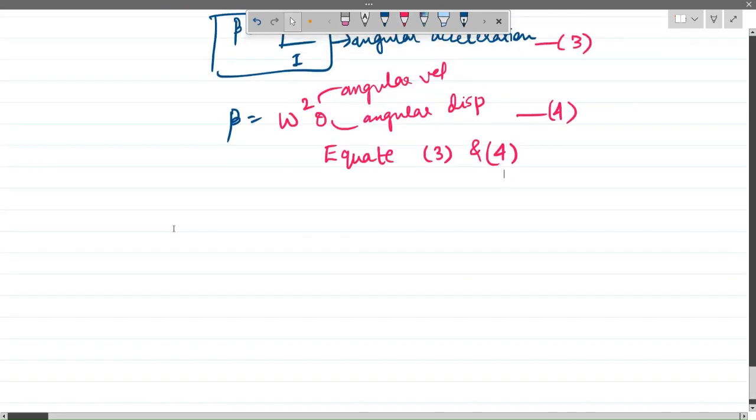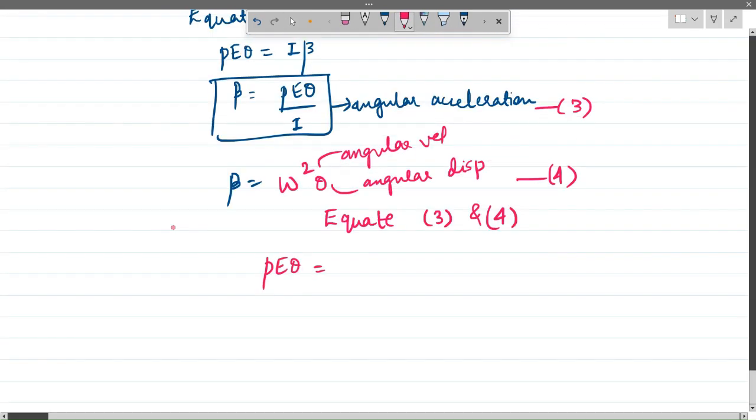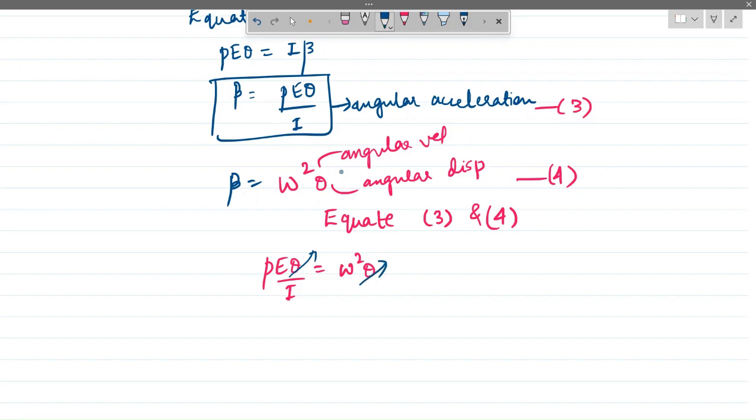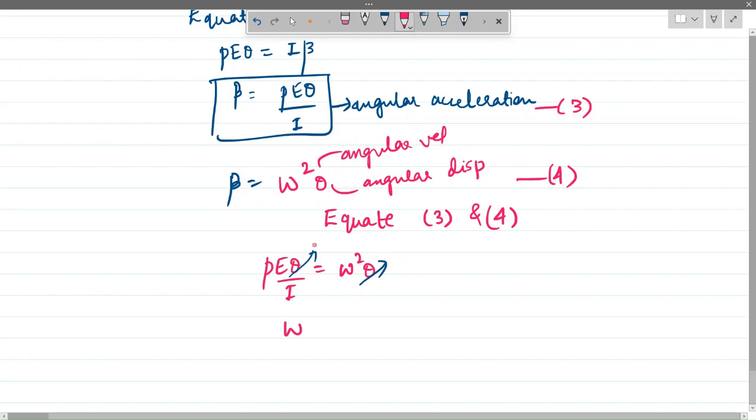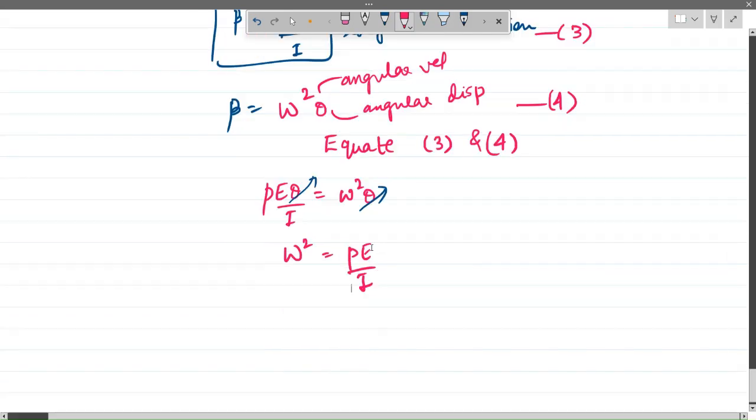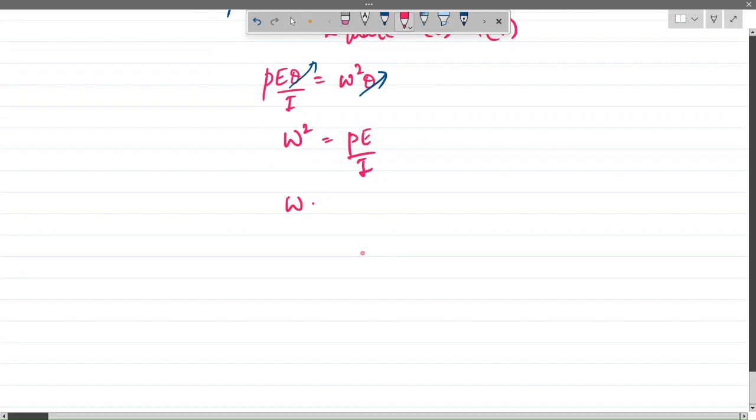If we equate 3 and 4, pE theta divided by I is equal to omega square theta. Theta and theta get cancelled, so we are left with omega square is equal to pE divided by I. So what is omega here? Omega is equal to under root pE divided by I.